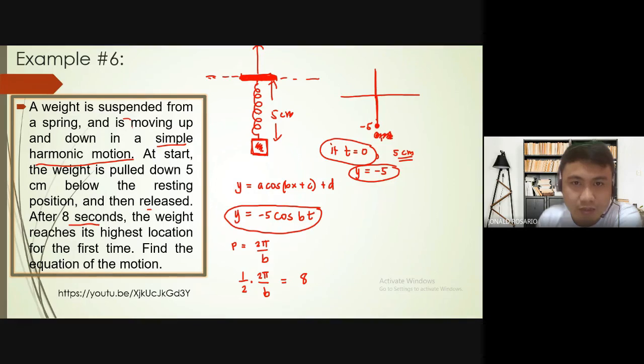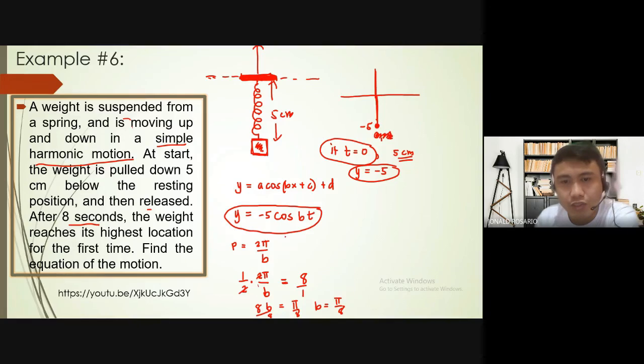So 1/2 of the total period is the 8 seconds. It will take that 8 seconds. Okay, so cancel natin yung 2. So we have here, cross multiply na lang. So ang ating b multiply sa 8, so 8b is equal to pi. Para matanggal si 8, i-divide natin. So b is pi over 8. So mayroon na tayong b.